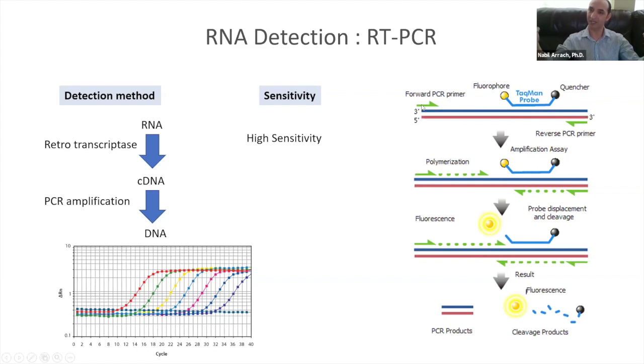The enzyme will come and amplify, then you have a change of temperature, this DNA will separate, and then you have a new amplification, etc. The figure at the bottom illustrates the amplification in each cycle, from 0 all the way to 40. The earlier you have the amplification, like the one displayed in red here, the more RNA you have in the sample. That's why it can be quantitative.